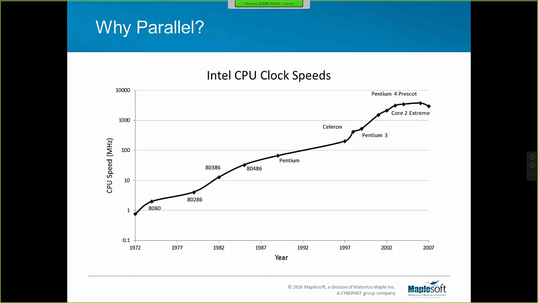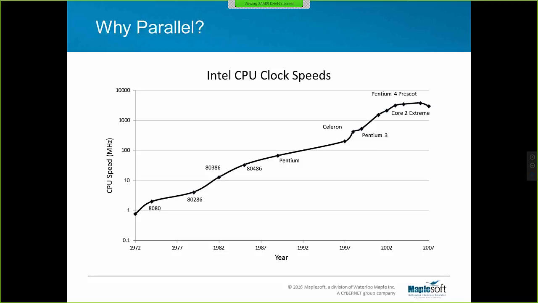So why go parallel? Well, for many years, processor makers like Intel and AMD increased CPU clock rates. This meant that you could simply make math software like your spreadsheet, Fortran code or Maple run faster simply by buying a faster processor. Around the start of the new millennium, clock speeds leveled off.